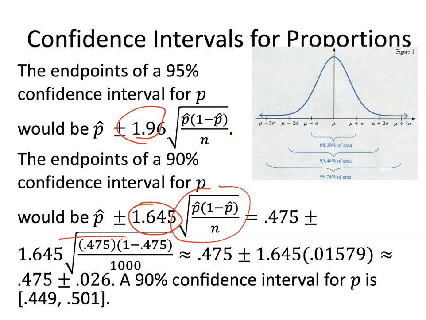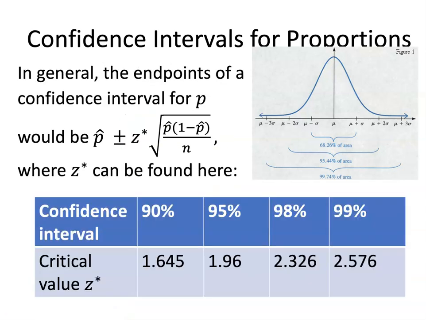That works out to be 0.475 plus or minus 1.645 times 0.01579. That's 0.475 plus or minus 0.026. So a 90% confidence interval for p is 0.449 to 0.501. Notice it's a little smaller than the 95% confidence interval because we're only 90% confident that p is in that interval.